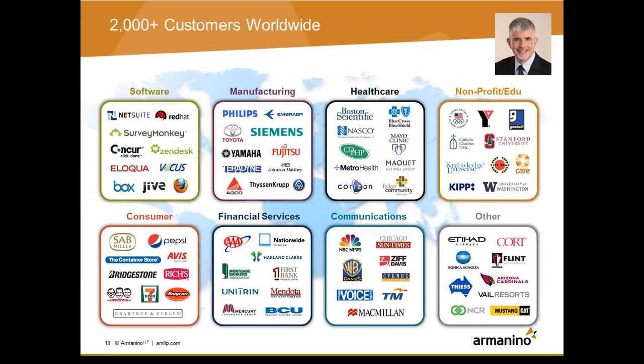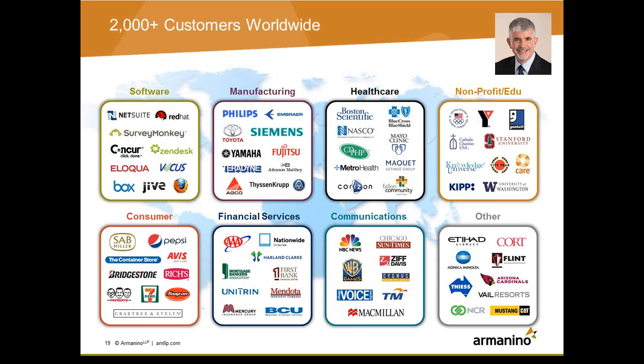In terms of the customers that Adaptive works with, these are not all Armanino clients, I wish they were, but these are all Adaptive clients, and what this really shows is the tremendous industry capabilities that Adaptive brings.